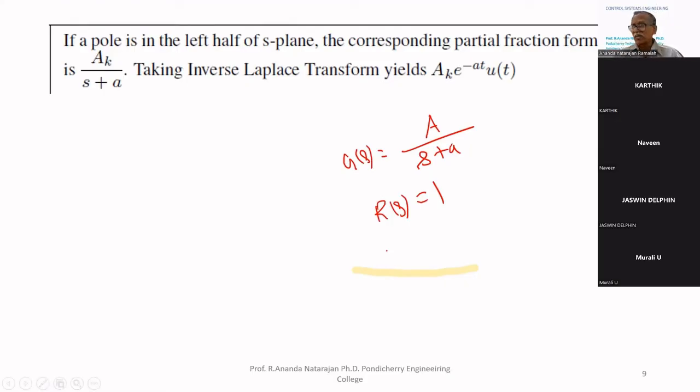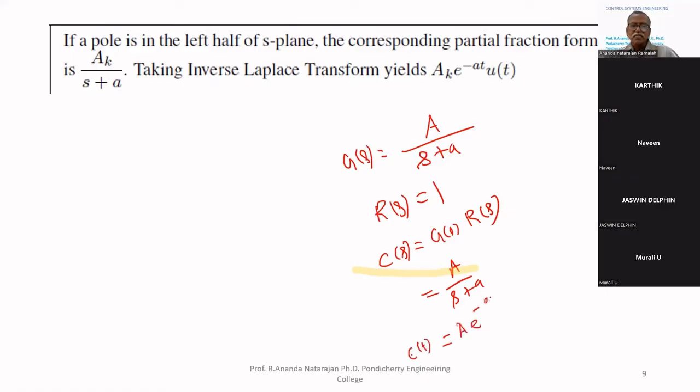For that, the output is C of S equal to G of S multiplied by R of S, that is A upon S plus A. Taking the Laplace inverse, C of T equals A e power minus AT. If the pole is on the left hand side, you will get e power minus AT.